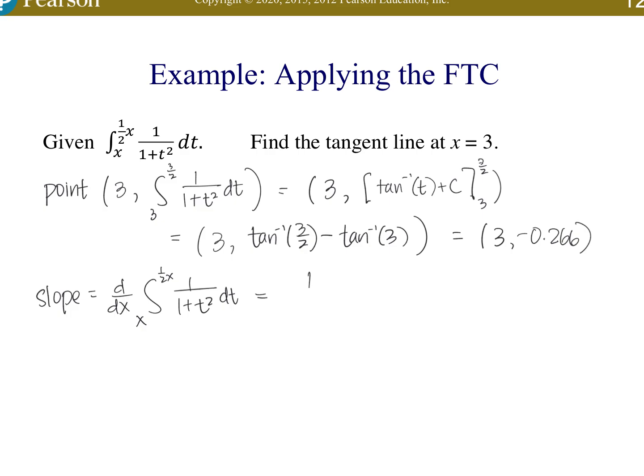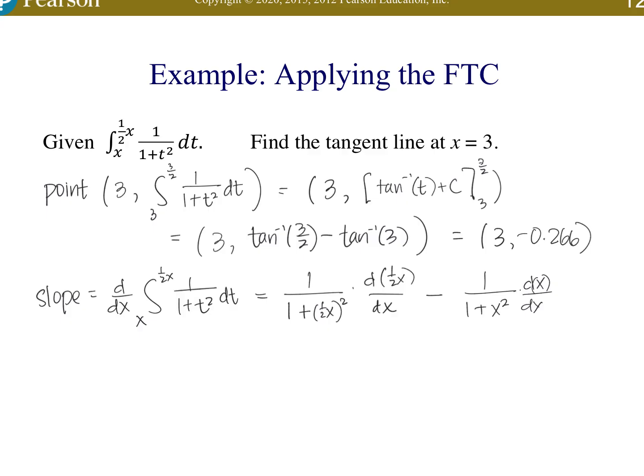And so this would be 1 over 1 plus half x quantity squared times the derivative of half x with respect to x. So I'm plugging half x in, and I'm applying the chain rule to half x. And then minus 1 over 1 plus x squared times the derivative of x.